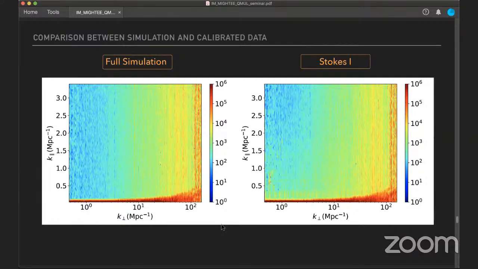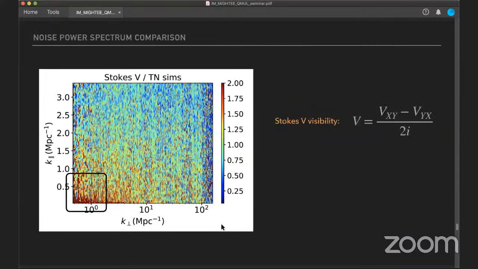And then next we compared the noise power spectrum with the Stokes V visibilities. We can also calculate the Stokes V visibilities from our calibrated data set, and if there are no polarized foregrounds, they are supposed to mimic the noise power spectrum.